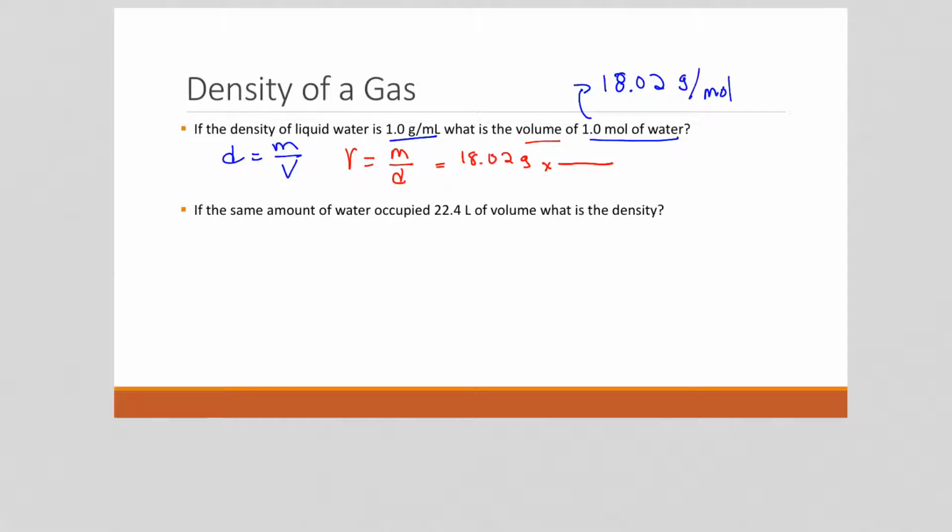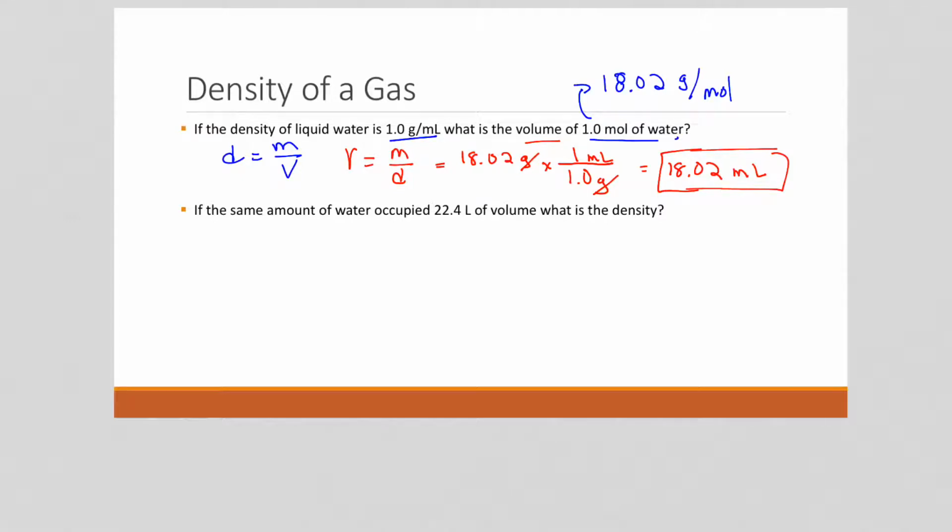So we're going to divide by the density, which is 1.0 grams per 1 milliliter. And this, my grams cancel, and I end up with 18.02 milliliters as the volume for 1 mole of liquid water.